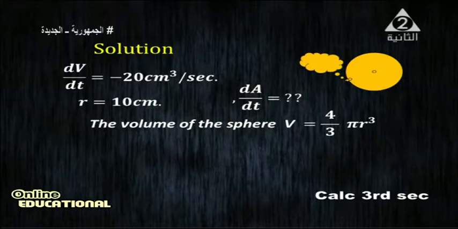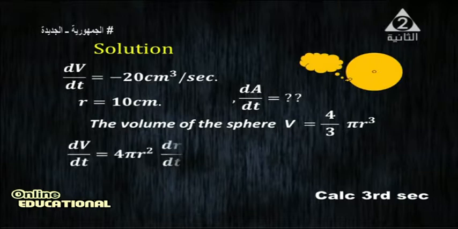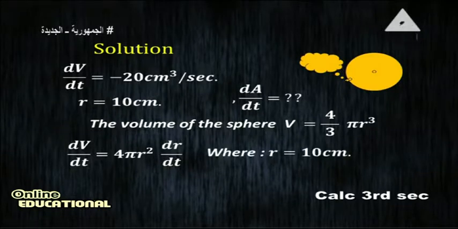By differentiating both sides with respect to the time t, we get dV/dt equals 4/3 π times the derivative of r^3, which is 3r^2 dr/dt. Then dV/dt equals 4π r^2 dr/dt, where r equals 10 centimeters and dV/dt equals negative 20 centimeter cubed per second.